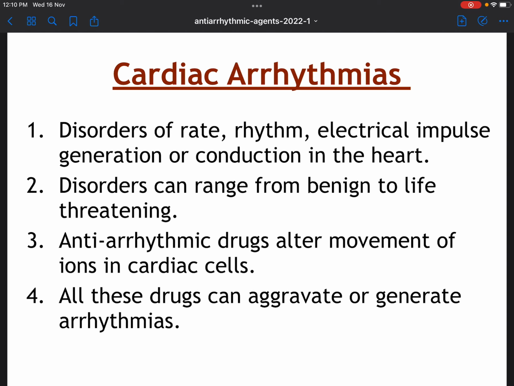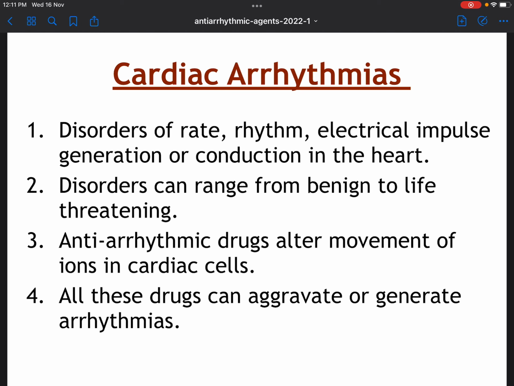There are certain conditions, certain drugs, certain pathological conditions that will tell a cardiac cell, a non-pacemaker cell, to start acting like a pacemaker. So in this case, we have problems in the origin of conduction.